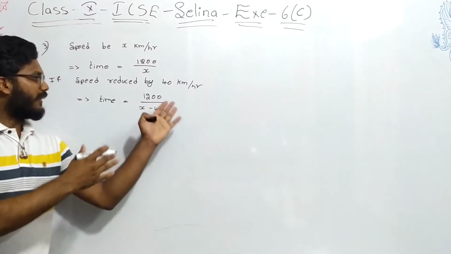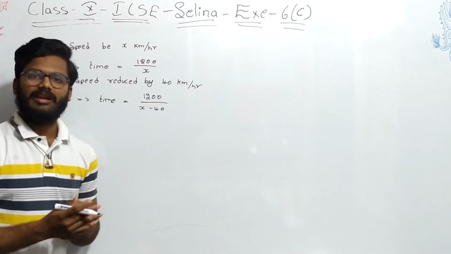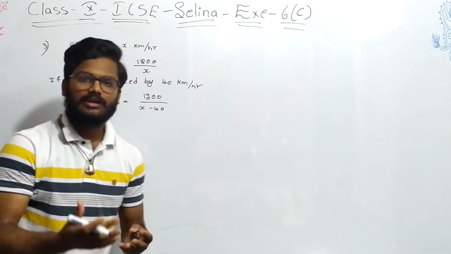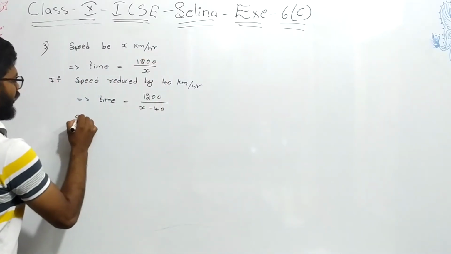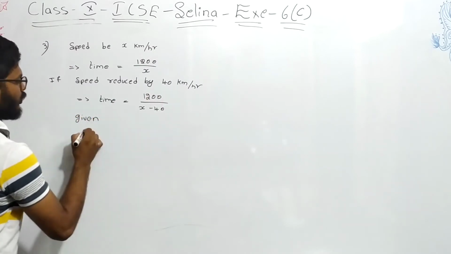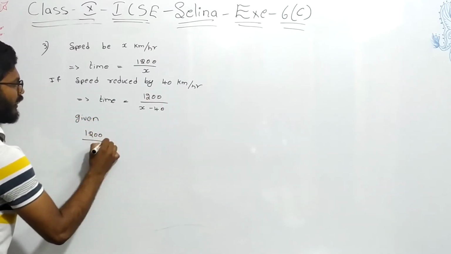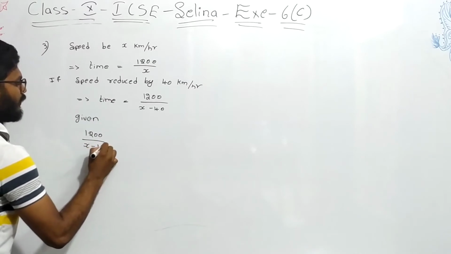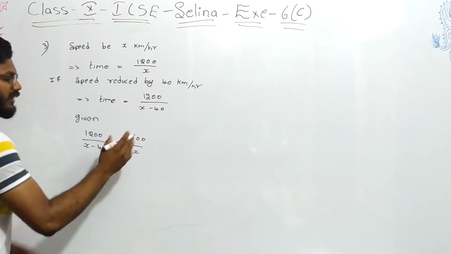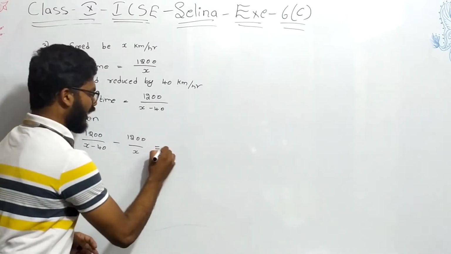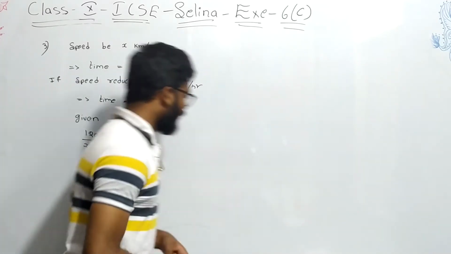As the speed is reduced, the time will become more. It will take more time to cover the same distance, right? So given this is more, 1200 by x minus 40 minus 1200 by x. So the difference between these two times is 20 minutes.